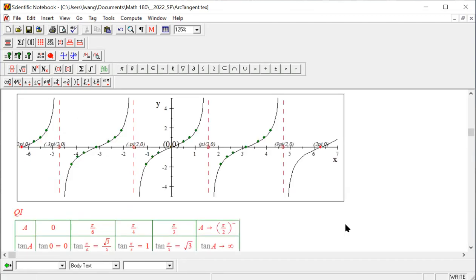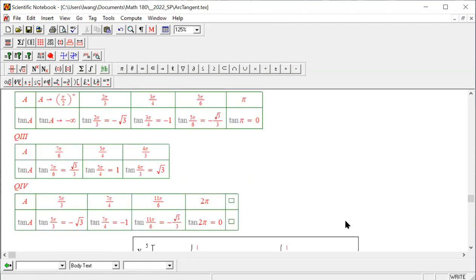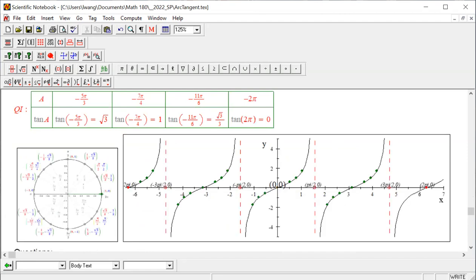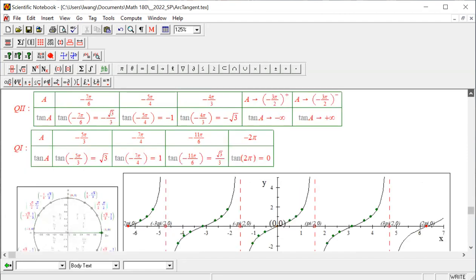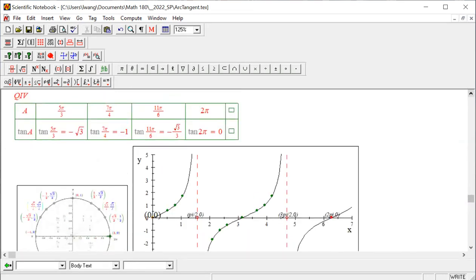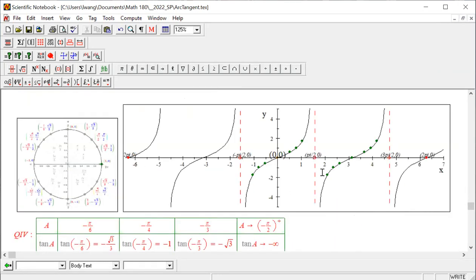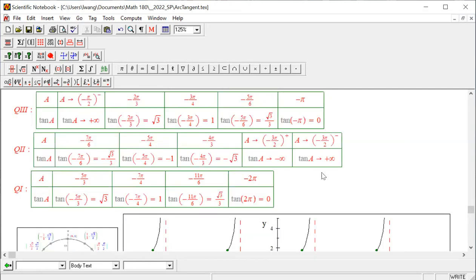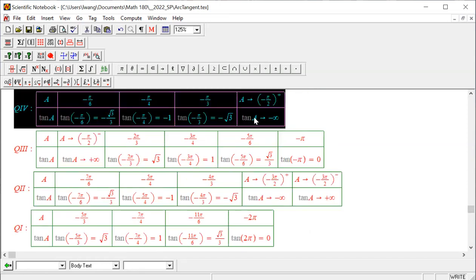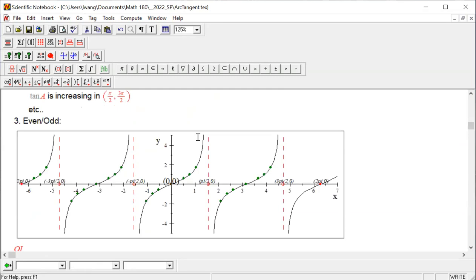Remember we did that table of a negative, quadrant 4, 3, 2, 1 in that order. Not this one, quadrant 4. I think I'll probably just copy all of this, and so we can have a comparison.